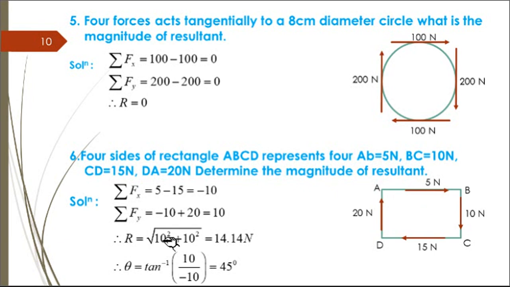So substituting the values, resultant is 14.14 Newton, and theta is equal to 45 degree. So in this way we can determine the resultant as well as the moment in case of non-concurrent type of force system. Thank you.